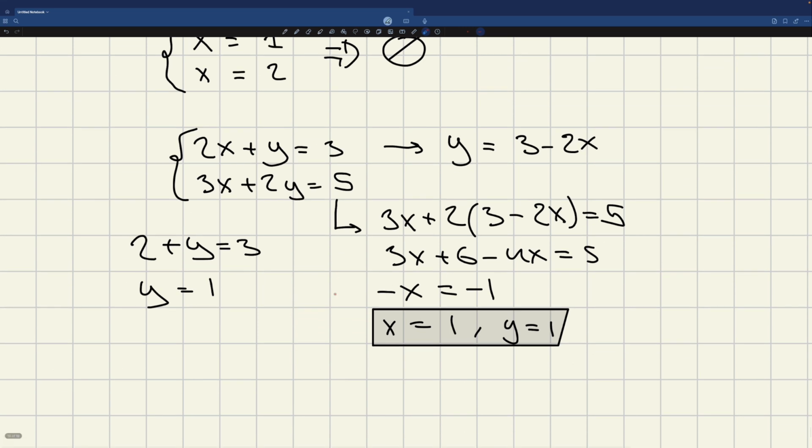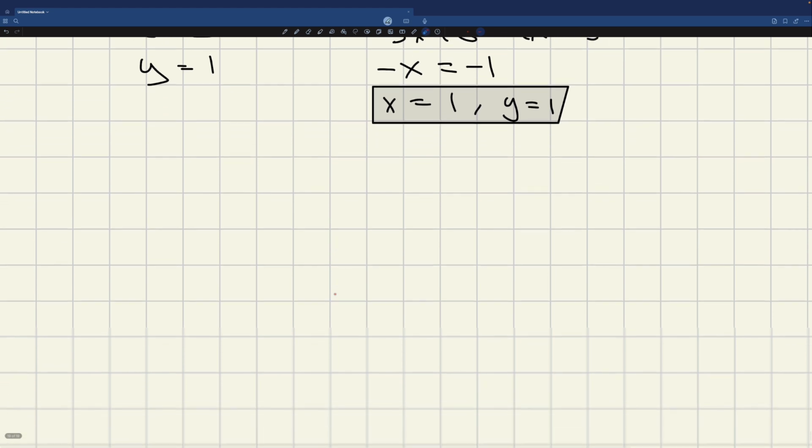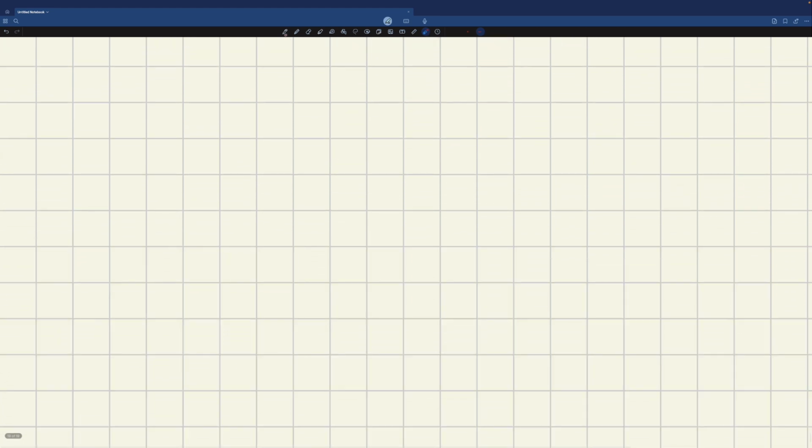Okay. Let's have a look at slightly different ways to solve simultaneous equations. So let's have a look at 2x plus 3y is equal to, let's go, I don't know, 11.